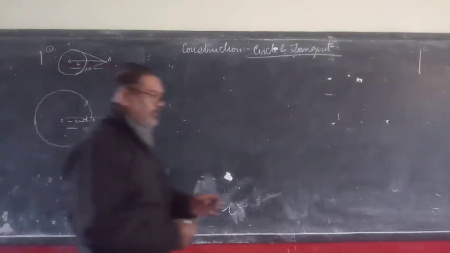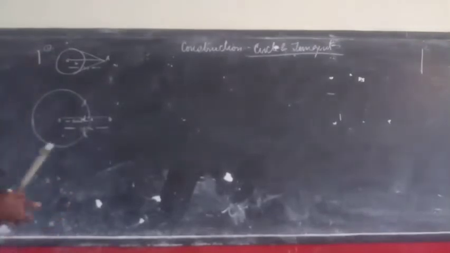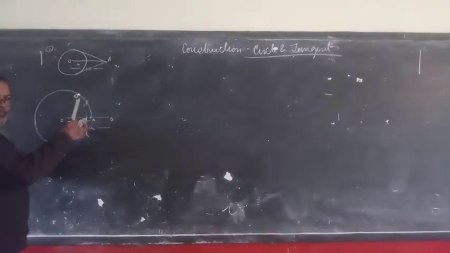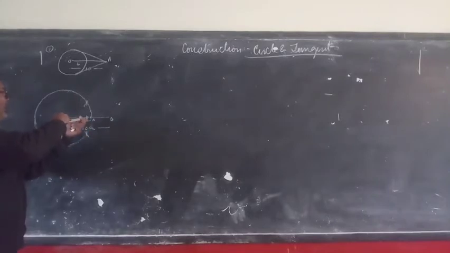Again take your compass. Put the metal point at M, and take the radius equal to OA or OB.